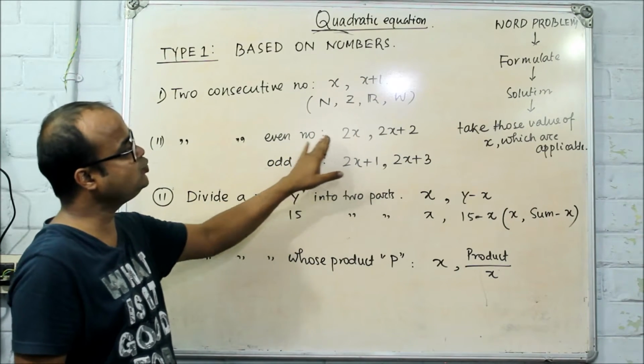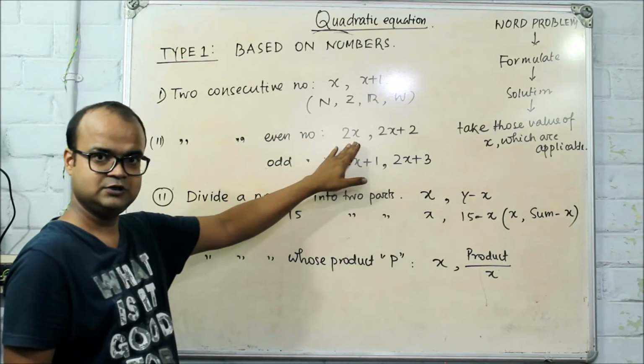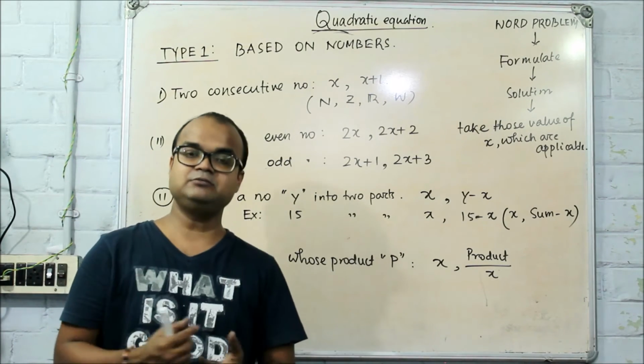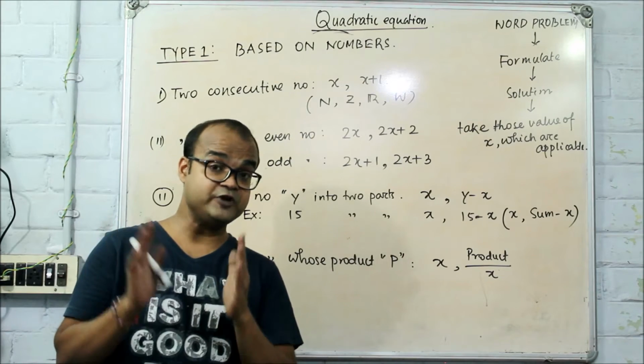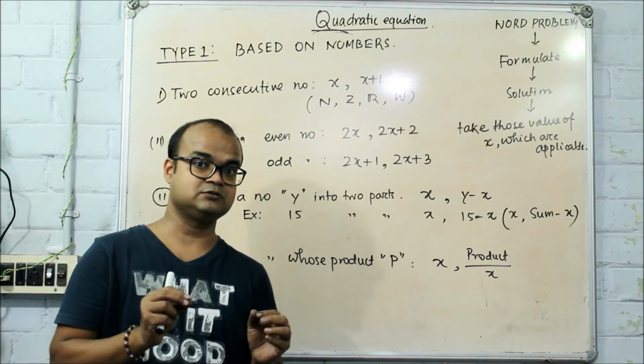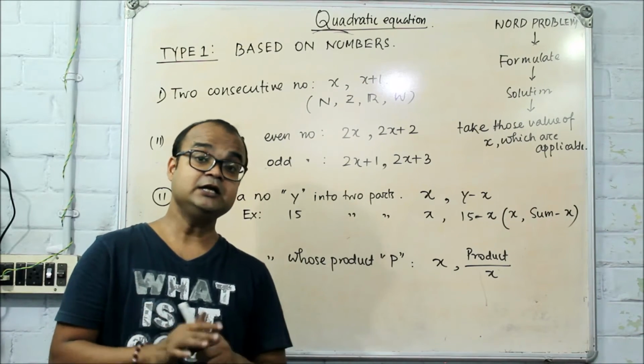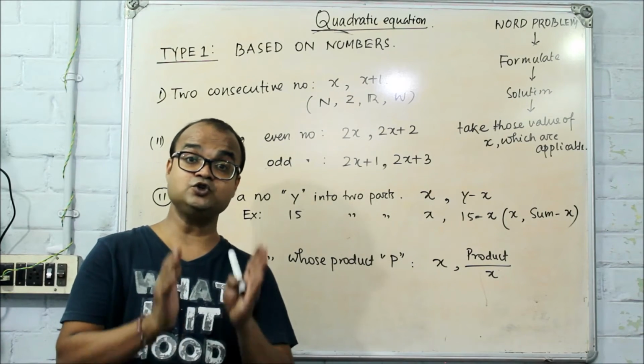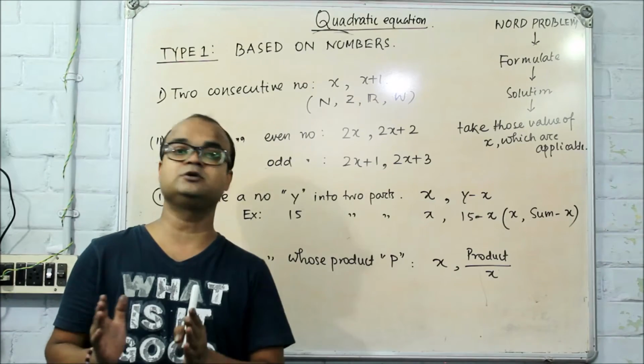You can consider 2x minus 2, 2x also. But try to avoid the negative sign if you are facing problem in your calculation. Basic thing is that keep it simple. Learn your basics so that you are able to solve the problem.